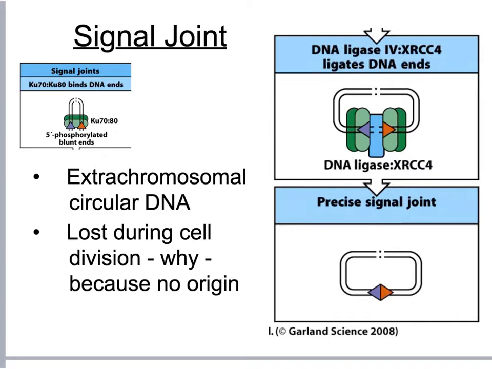The next thing that happens in the signal joint is you have the Ku proteins holding it together, and DNA ligase 4 and XRCC4 come in and ligate the two ends of the DNA. That creates this circular DNA, which, as I told you, since it doesn't have an origin of replication, will get degraded eventually over time.